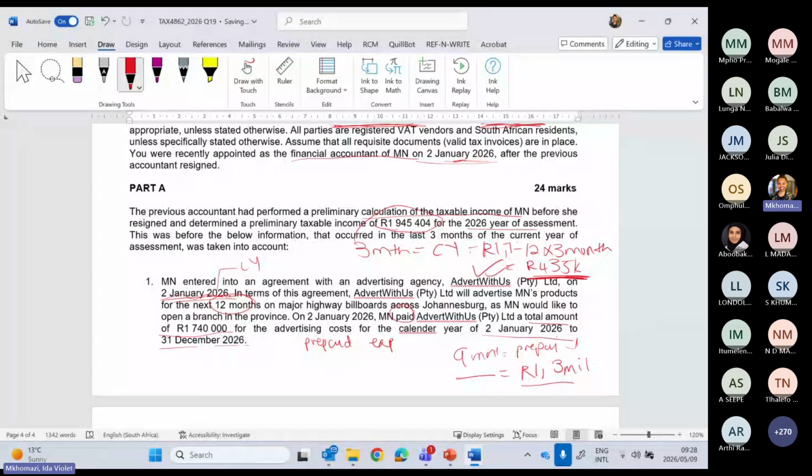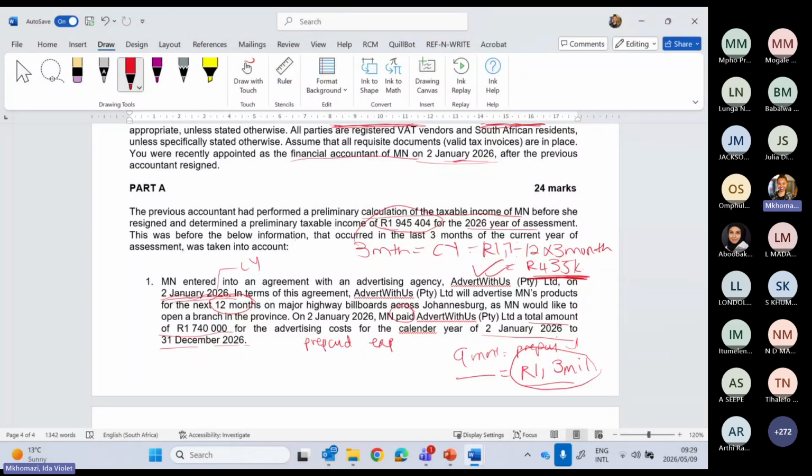The second test, or Proviso BB, says that you need to determine whether the aggregate of all your prepaid expenses is less than 100,000 or not. And since you have read the question and you know that this is the only prepaid expense that Mabasa NAS has for the year, there are no other prepaid expenses that you can aggregate with, so you are only looking at this amount of 1.3 million.